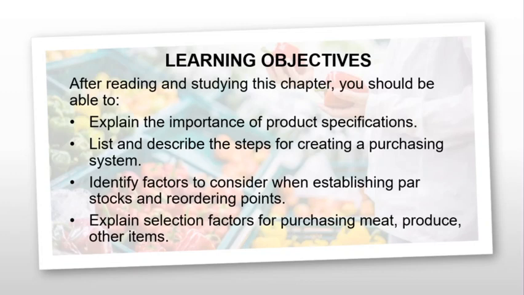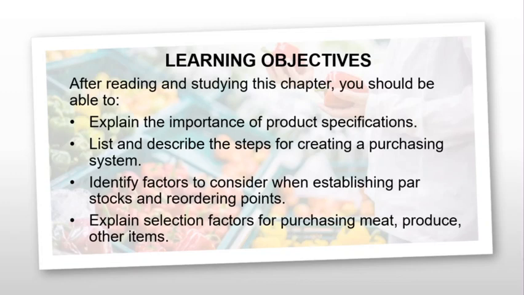The second one is to list and describe the steps for creating a purchasing system. Kita akan tengok apakah langkah-langkah dalam pembelian, sistem pembelian. Yang ketiga, identify factors to consider when establishing par stock and reorder points. After this, I will explain to you what is par stock and what is reordering points.